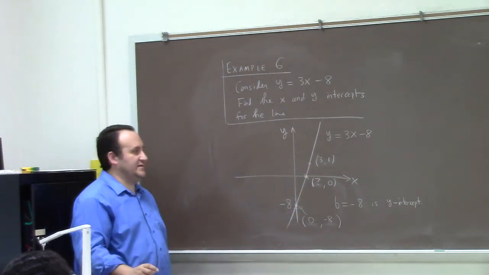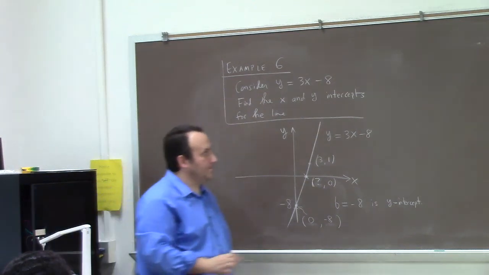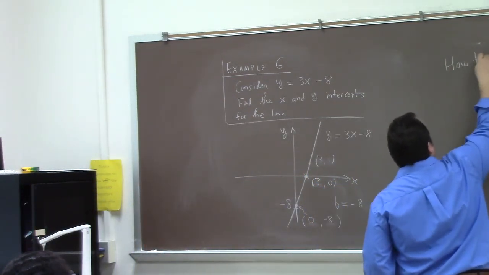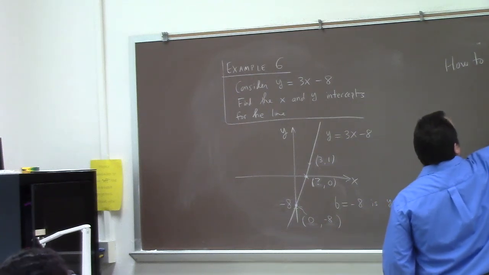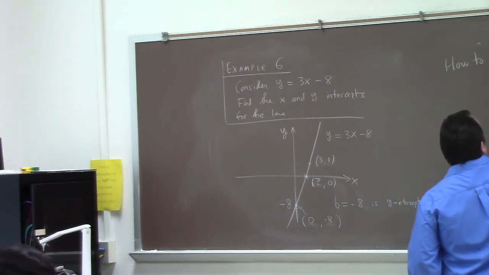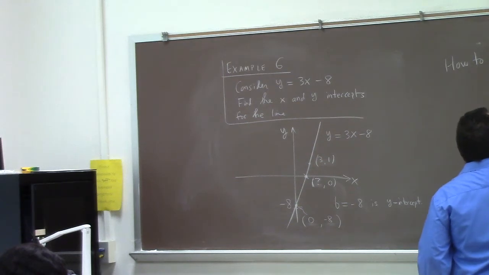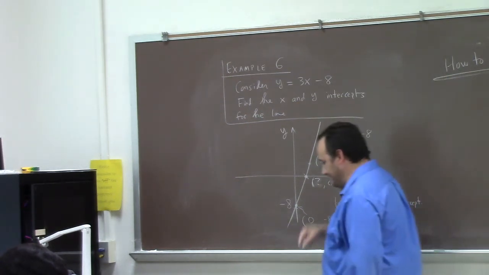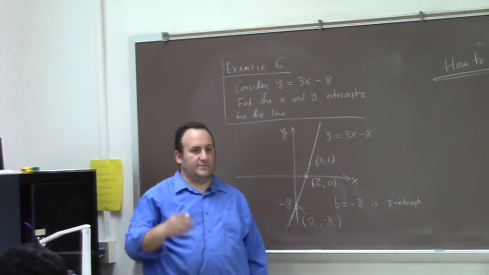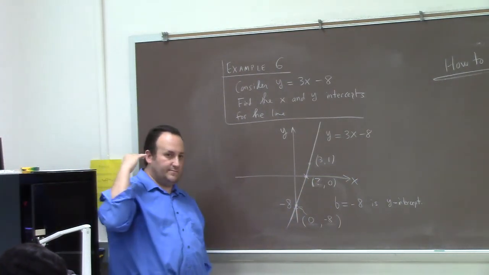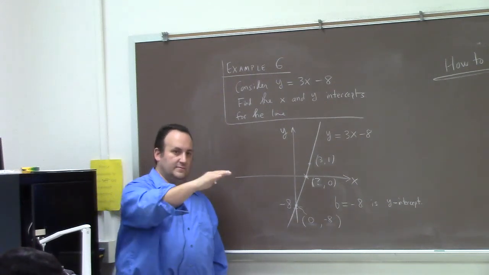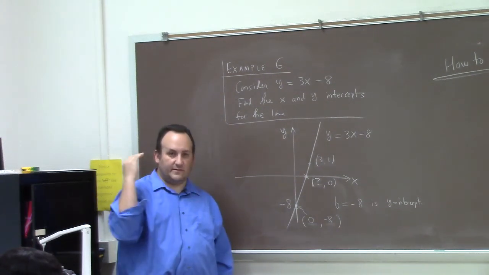How do you find the x-intercept? The x-intercept is where it crosses the what? The x-axis. What's the equation for the x-axis? It's y equals 0, right?